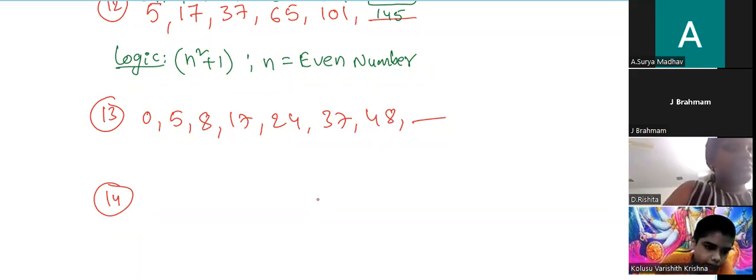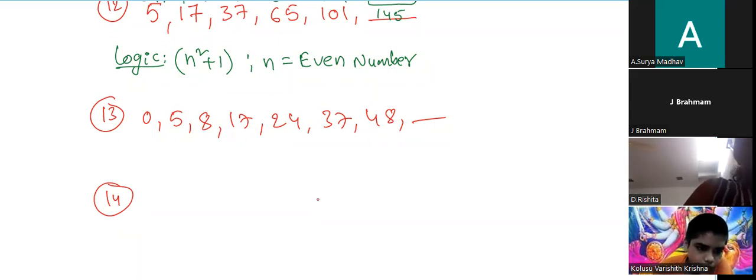Sir, we should use squares in it, sir. Maybe. Maybe I have used squares. Sir, first we are getting the squares, but after that we are not getting.